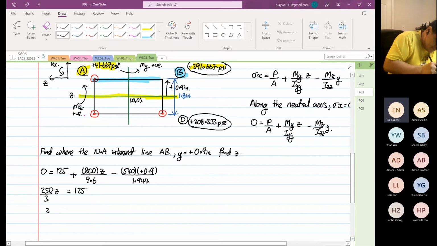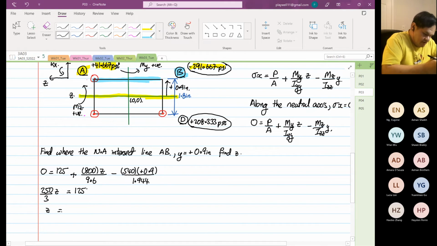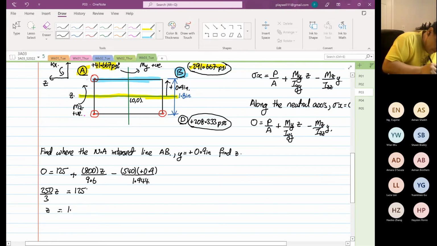So Z is equal to 125 times 3 divided by 250, which is equal to 1.5 inches from the centroid.